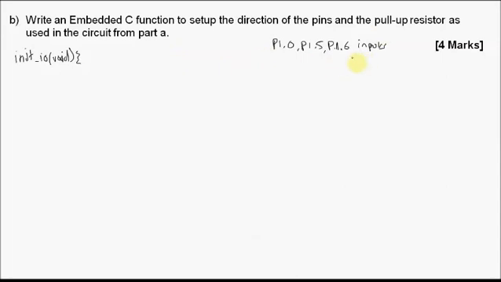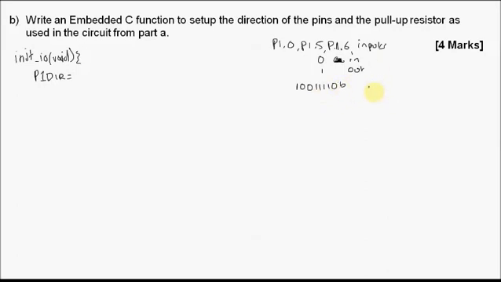Now we know for an input we need to put a 0 in the register, and for an output we need to put a 1 in the register. So let's work that out. Firstly, we're saying P1DIR is equal to, inputs are 0, outputs are 1. So we're looking at 7 is an output because it's not connected to anything, and if it's not connected it should be an output. 6 is an input, 5 is an input, 4 is an output, 3, 2, 1, 0 in binary.